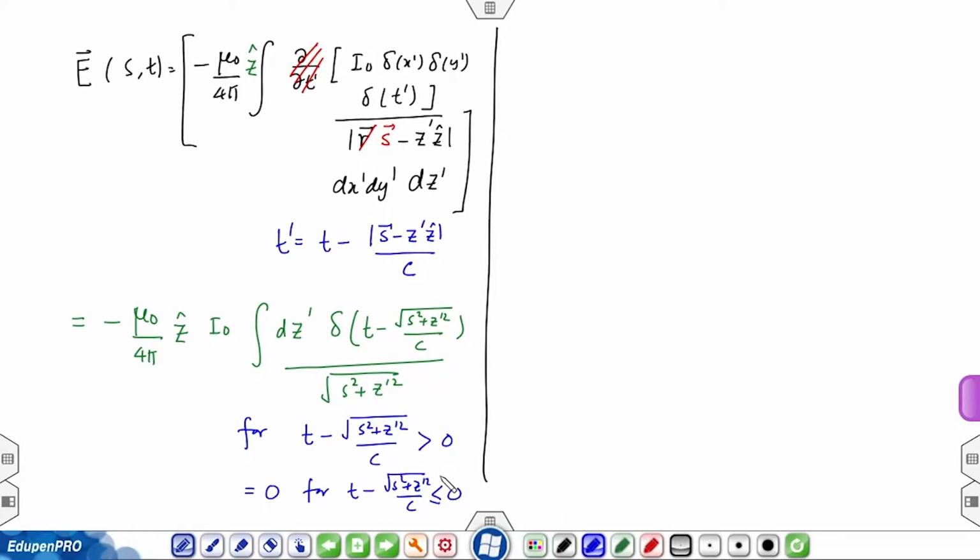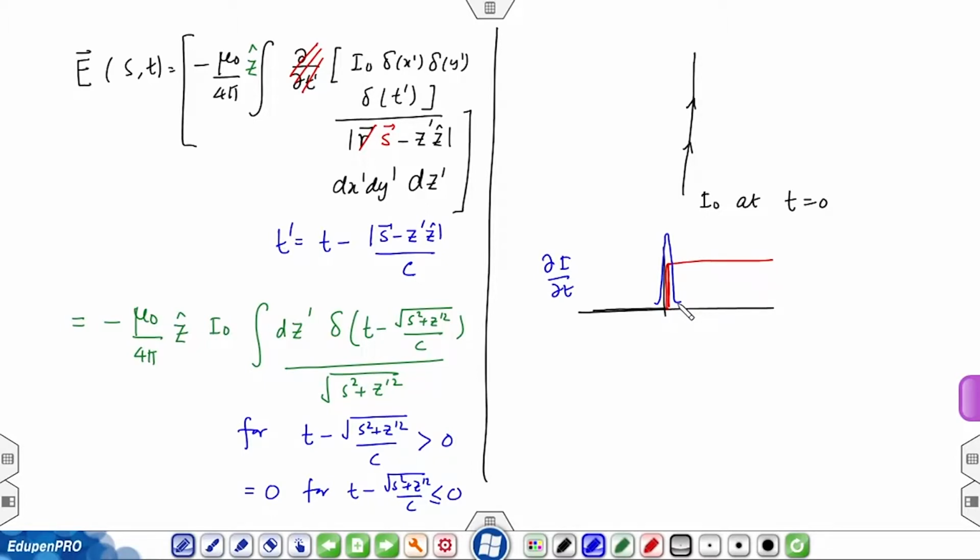Just to recap what we have done, so that you do not get lost, we have a wire in which we switch on a current I 0 at t equals 0. So the current is 0 up to time t equal to 0, and then picks up a value at t greater than 0. Obviously, all the fields are 0 before that, and as soon as you give this spike, if I were to plot dI by dt, this will give me a delta function here.